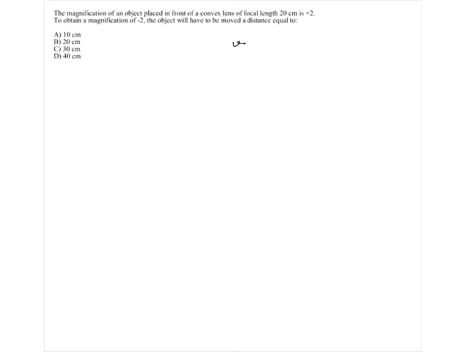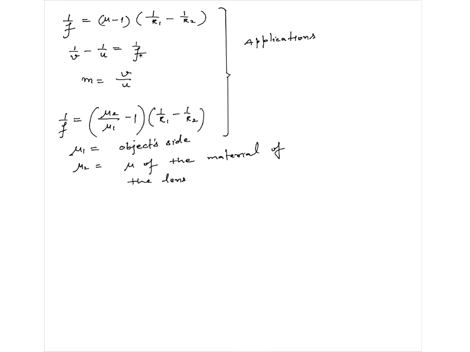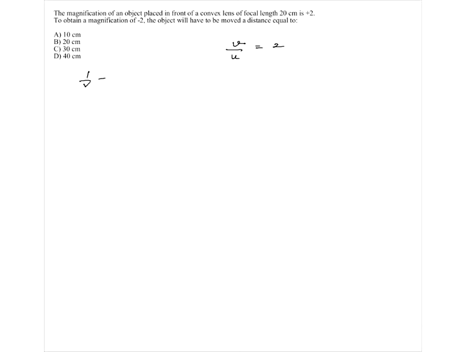Magnification is V by U. And we need this formula also. Convex lens, focal length plus 20.